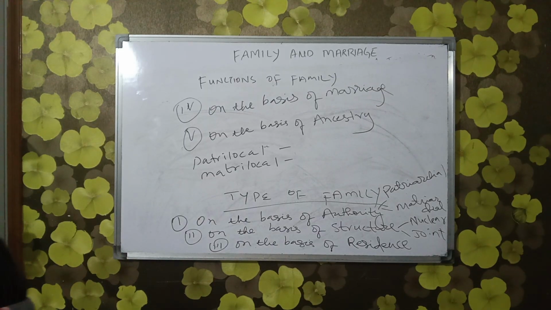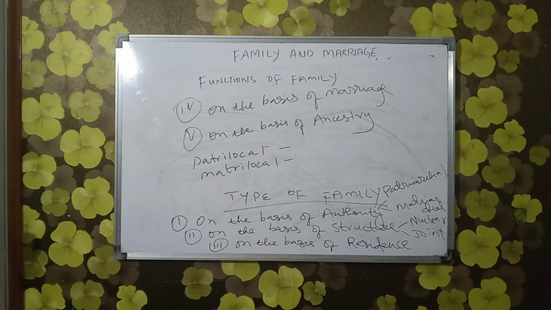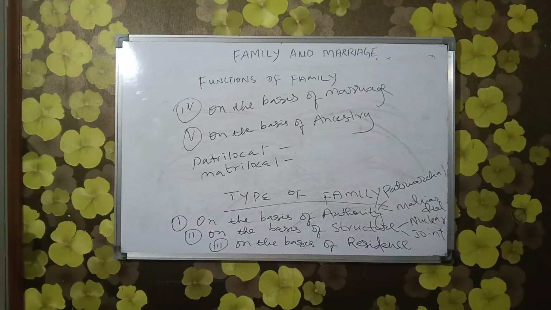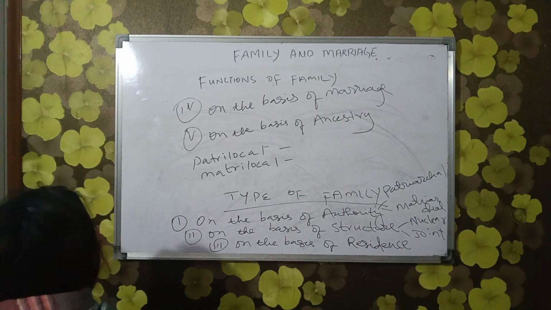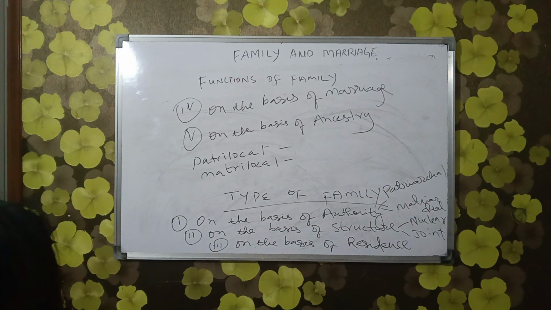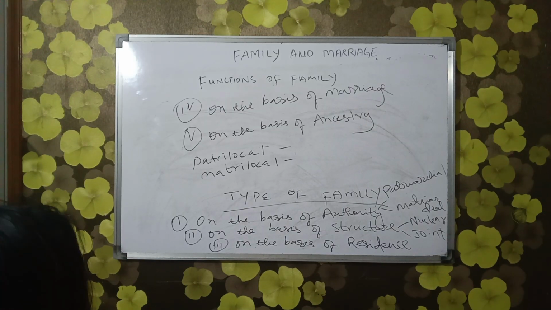Patrilocal is where the wife goes to the husband's family and lives with the husband. And matrilocal, here the husband goes to the wife's house for living. That means the husband lives with the wife's family members in the wife's house. That is the difference between patrilocal and matrilocal.